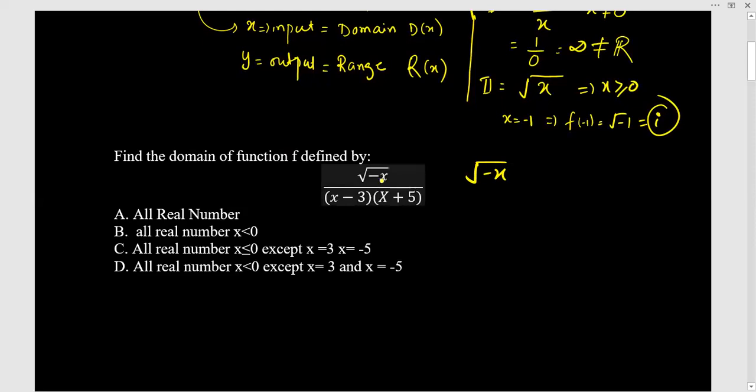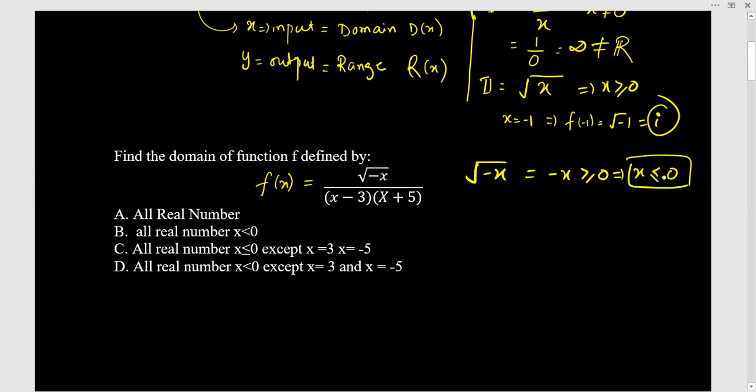If you put x equal to 1, that will be minus 1, so this function cannot be a real number. So minus x should be greater than or equal to 0. If minus is multiplied over there, we can put whatever value less than or equal to 0.